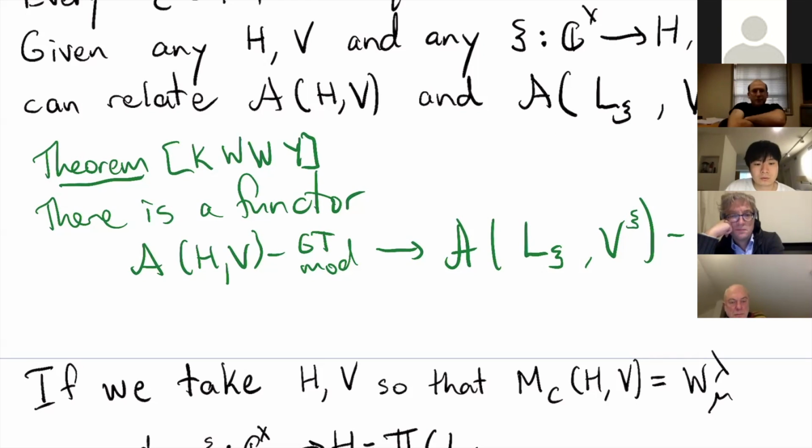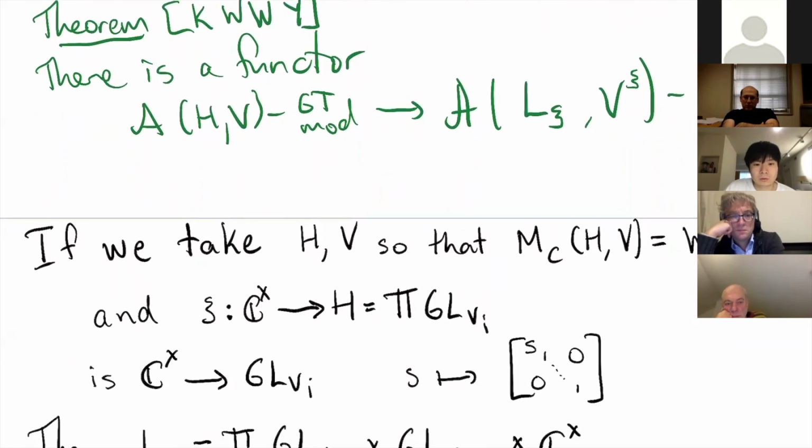It leads to a functor between Gelfand-Tsetlin modules for the first algebra and Gelfand-Tsetlin modules for the second algebra, a functor which is actually quite easy to study. Unlike the actual Hamiltonian reduction I talked about earlier, which didn't lead to a functor, this more complicated business does lead to a functor.